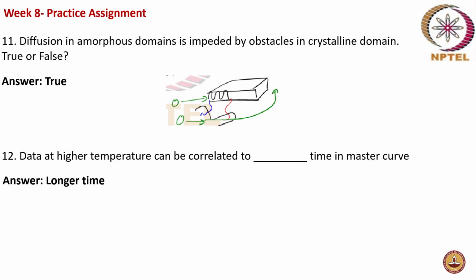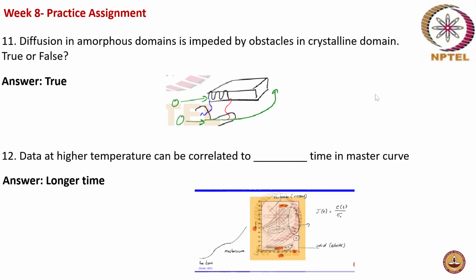So this is how the master curve works. Low times show a solid-like, elastic-like behavior. This is at lower temperature, for example, here it is showing some negative temperature of minus 270 or something, whereas at high temperature, like 290 or something, the material shows more of a viscous or Newtonian behavior.